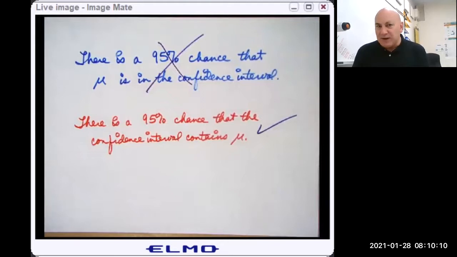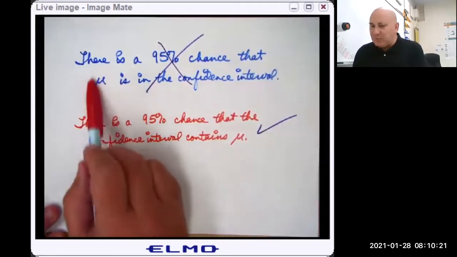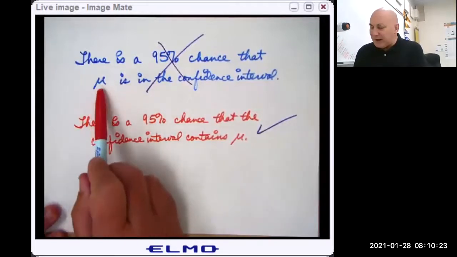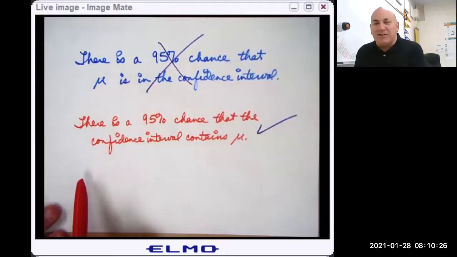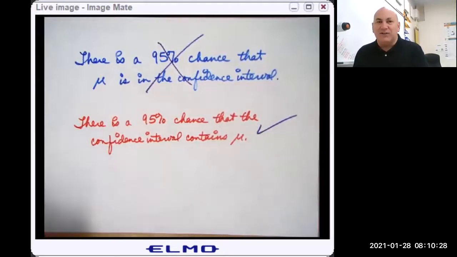And here's the reasoning behind that. We never, ever make an inference, or we never, ever make a probability statement about mu, about the parameter. We make a probability statement about our process. There's our sampling process that gave us that sample.